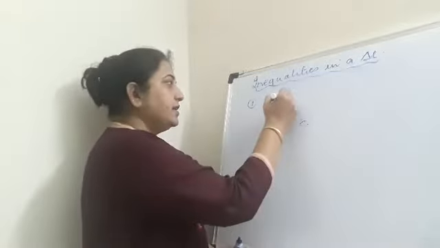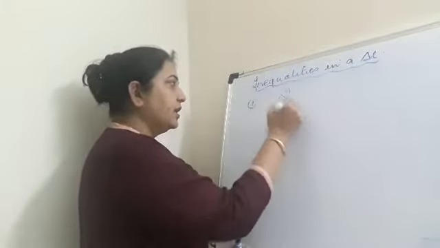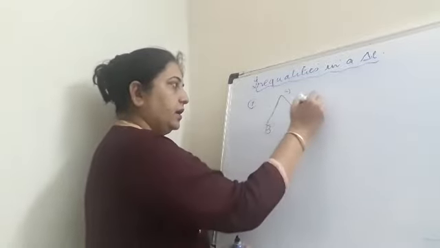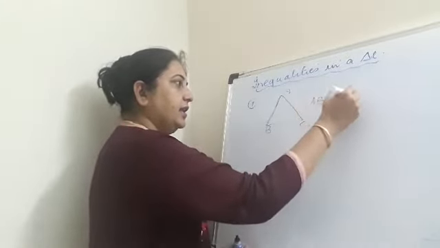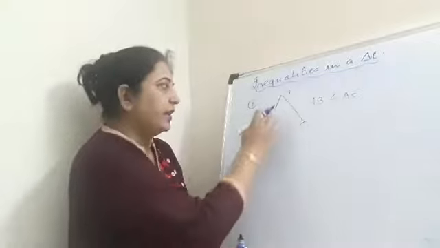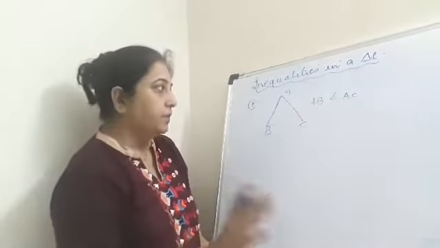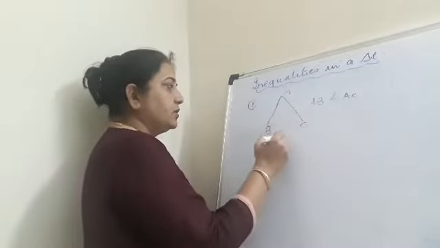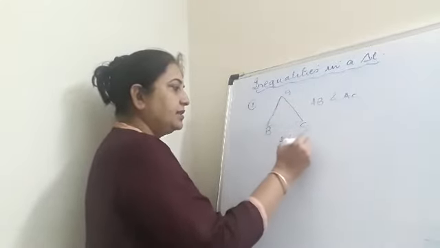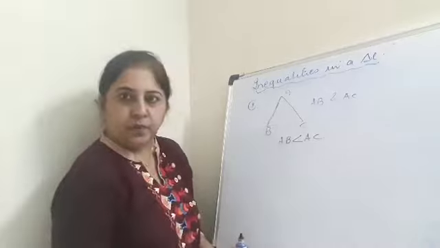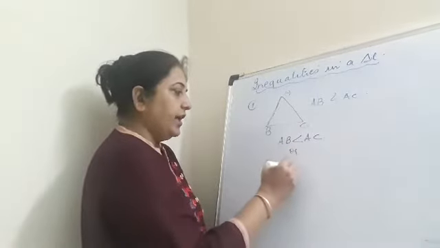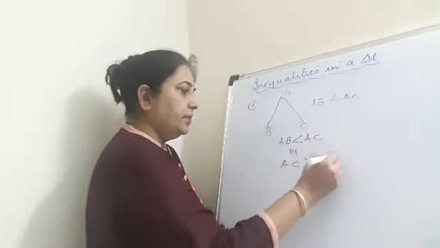As I said, the two sides are unequal, AB and AC. I can take any two sides. Just now suppose I take AB is less than AC, or I can write AC is greater than AB.